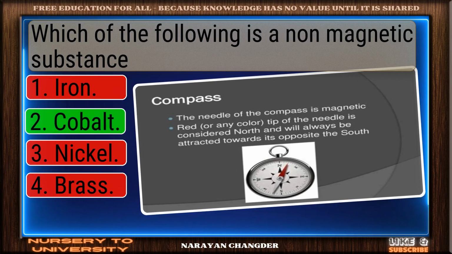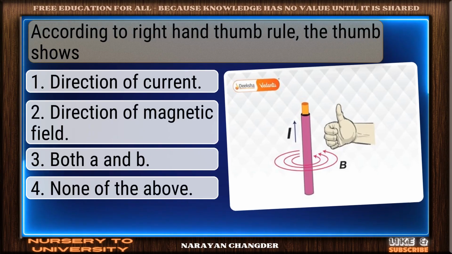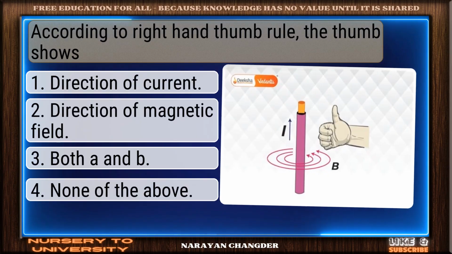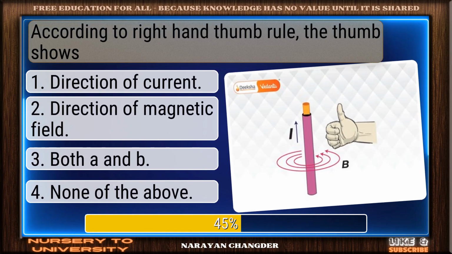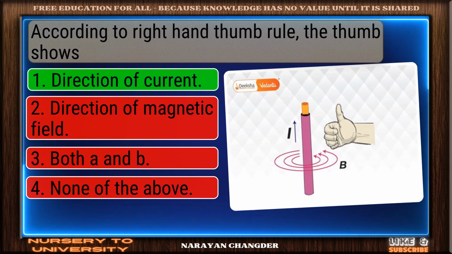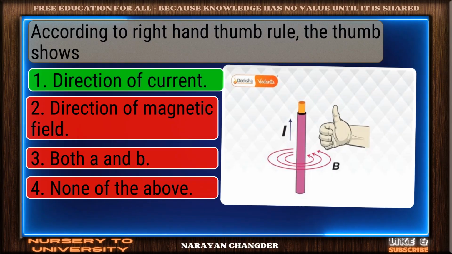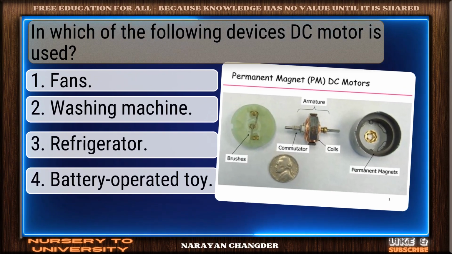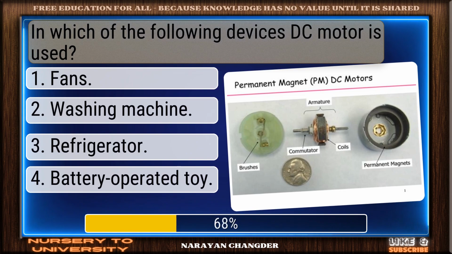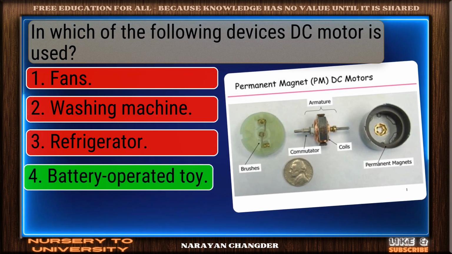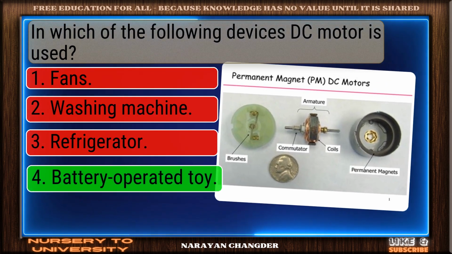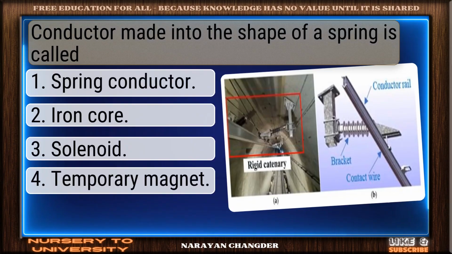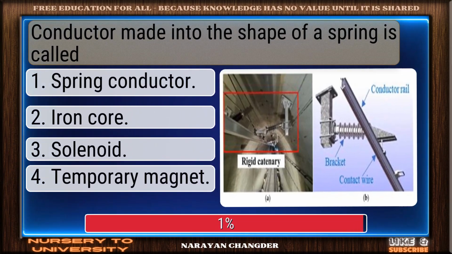Well done. Cobalt is right. According to right-hand thumb rule, the thumb shows. Sharp thinking. Direction of current is right. In which of the following devices is a DC motor used? Great job. Battery-operated toy is accurate. Conductor made into the shape of a spring is called?